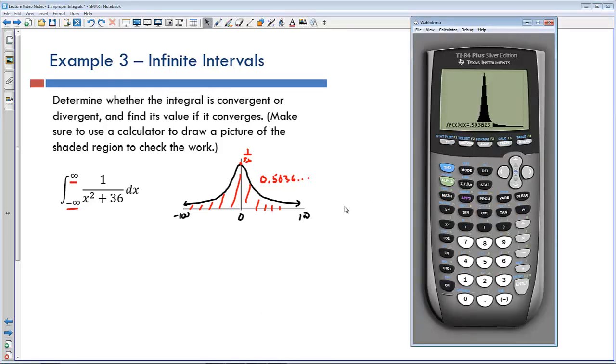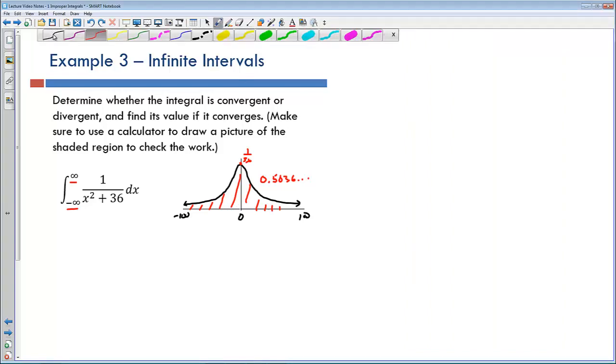Now, it seems like the integral probably will converge, but we're not positive yet. We need to actually evaluate the integral if we can. So, how do we do one which has two limits of integration that are infinite? All right, the idea is you're just going to split this integral up. You can split it up wherever you like. The best point to split is probably 0 because it's an easy point to work with.